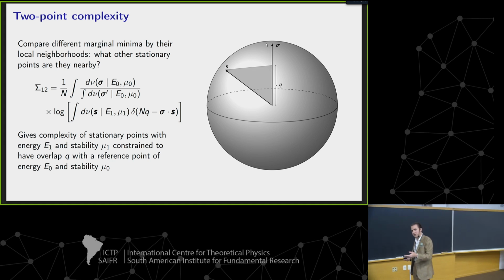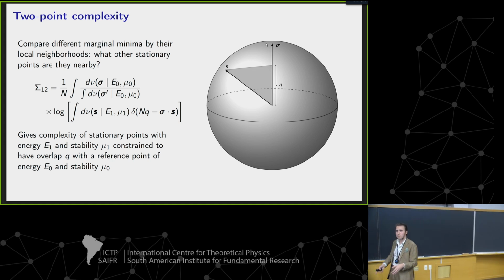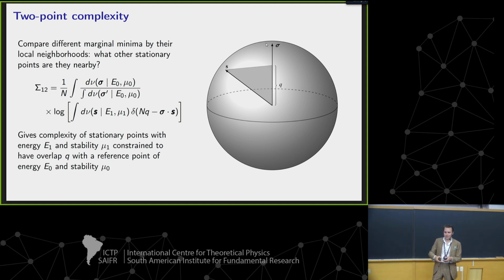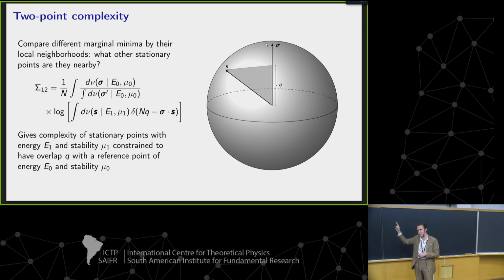And the way that one proceeds is the so-called two-point complexity. You take the complexity, so the average of the log of the number of stationary points of a certain type, energy, stability, conditioned on the fact that a second stationary point, with its own properties, exists at a certain distance away, a certain overlap with the one that we're counting.